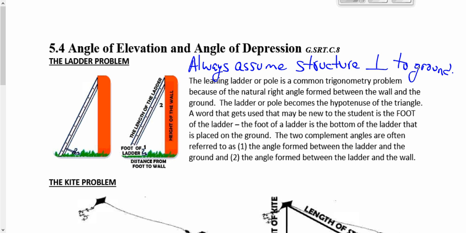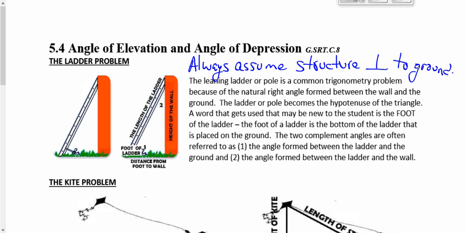And now, the other thing that we can assume is that anything that's like a string or a wire is perfectly straight, okay? We know it's not. Everybody ever look at telephone poles? See the wires, are they perfectly straight from one pole to the other? No, they sag down a little bit, right? That's actually called a catenary curve. It's not a parabola. You've heard of parabola. It's not that, right? Parabola is close, okay? But in these problems, we tend to disregard any curving of a wire that's hanging.